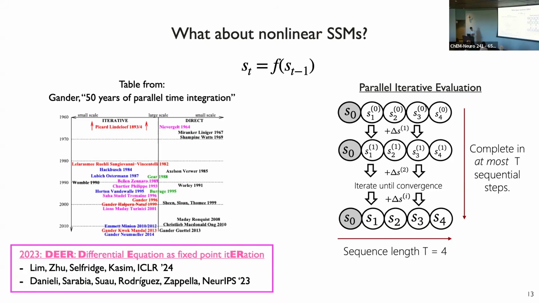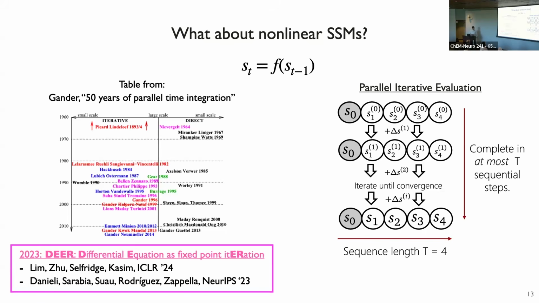Each one of these guesses is denoted by a superscript. We start with superscript 0, then we get to superscript 1, and so on. Each one of these steps uses that parallel scan algorithm from the linear RNNs, so it involves parallel compute over sequence length. This basic idea of parallel iterative evaluation is what lets DEER parallelize nonlinear SSMs.